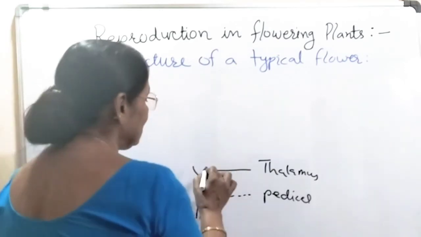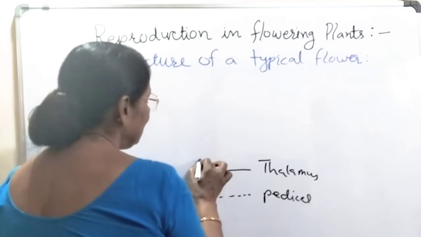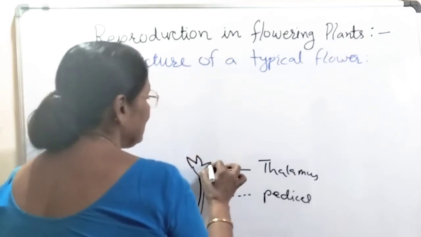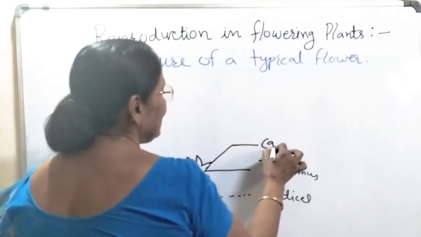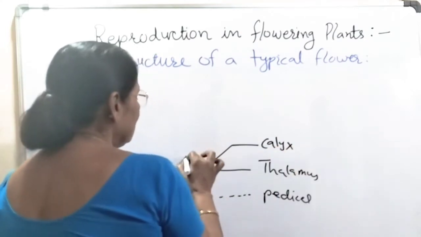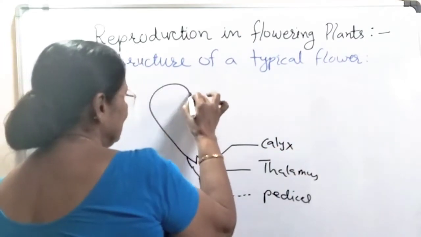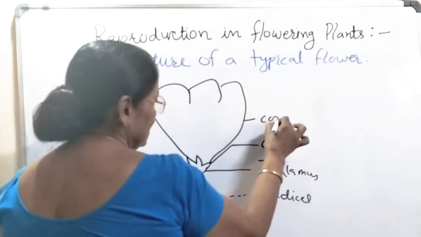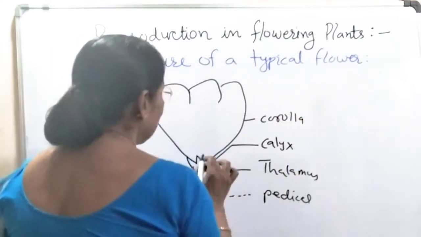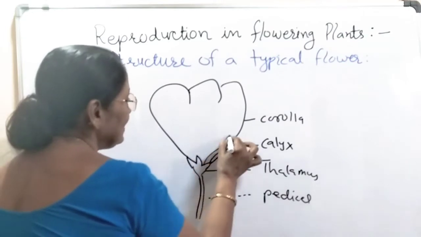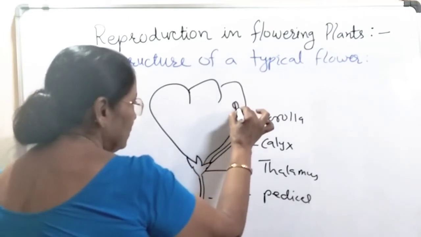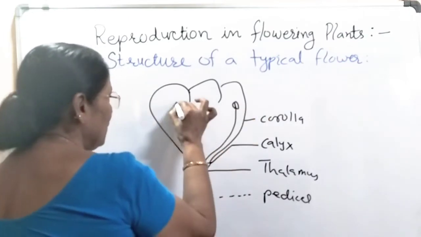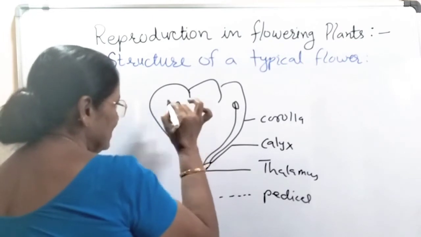On the thalamus, this is the first whorl, that is the calyx. Then the second whorl is the corolla. Next one is the androecium, having a group of stamens.